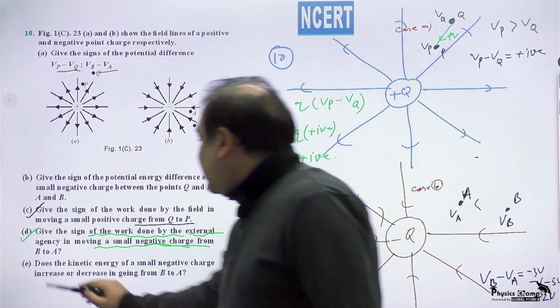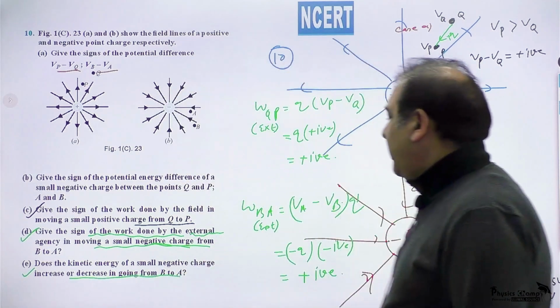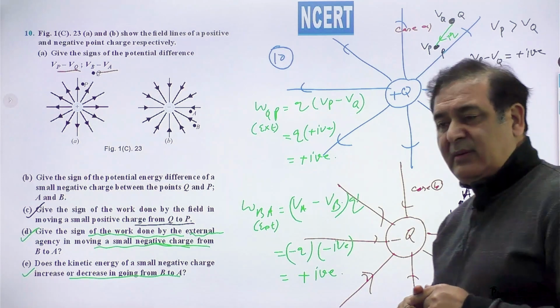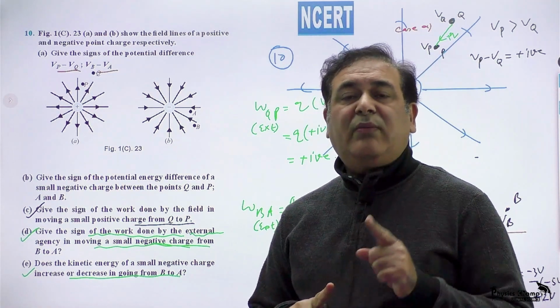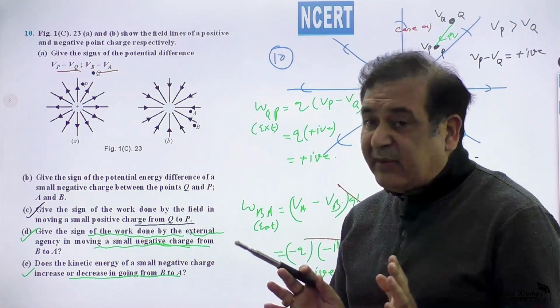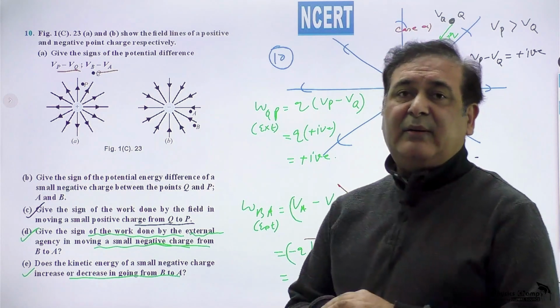E part, does the kinetic energy of a small negative charge increase or decrease in going from B to A? Now, if the work is done by external agency, it means all that work will go in the form of gain in kinetic energy. If external agency is doing work, then it will go in the form of gain in kinetic energy.